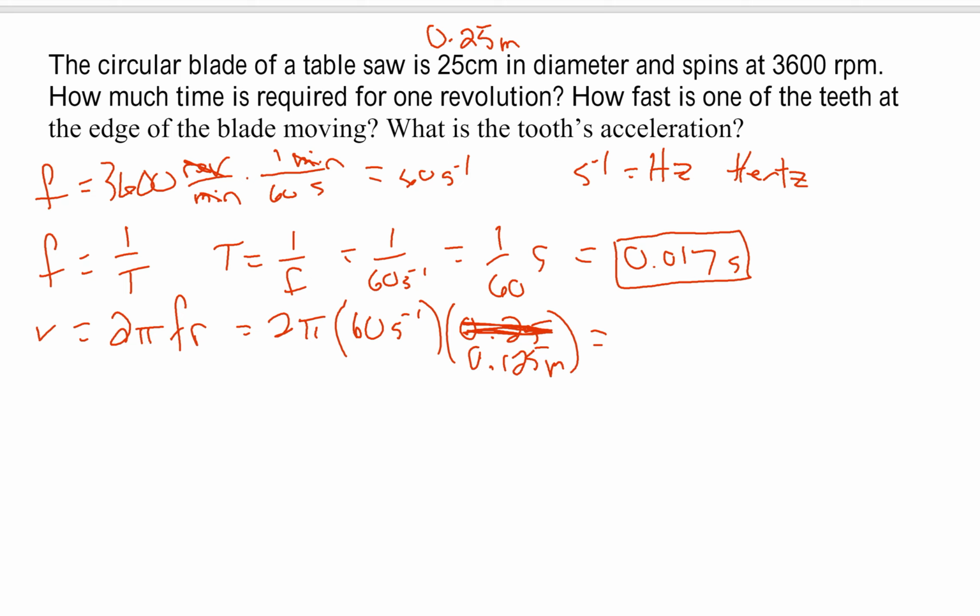So we have 2 times 60 times 1/8. Well, 2 times 1/8 is 1/4. 1/4 times 60 is, what do we get? 15 times pi. So whatever 15 times pi works out to, with significant figures, 47. And then we have meters and inverse seconds, meters per second.